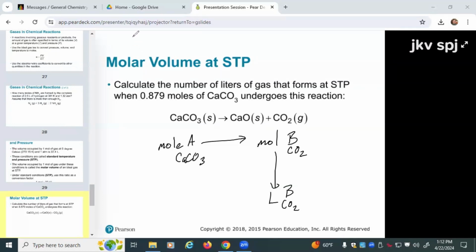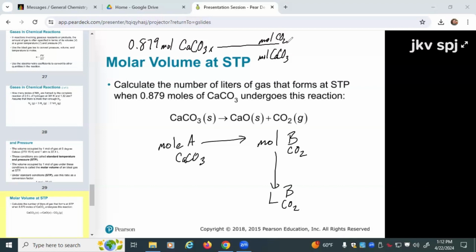So starting with the 0.879 moles of calcium carbonate, my first step would be to turn the moles of calcium carbonate into moles of carbon dioxide.